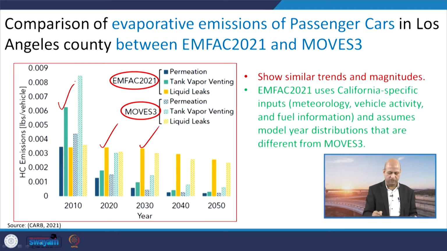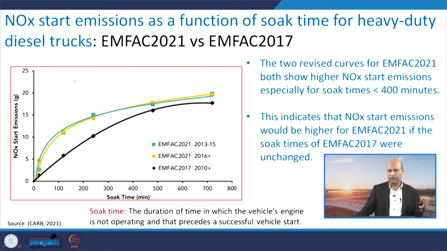Most of the values are estimated on the higher side by EMFAC, and the MOVES estimations are on the lower side. That depends again, because if a dedicated model is there for a particular state and they have an exhaustive data set, their emissions may be better. But if another modeling technique is used and that data is not up to the mark, then values may differ. Otherwise the trend is the same, but values are a little bit different.